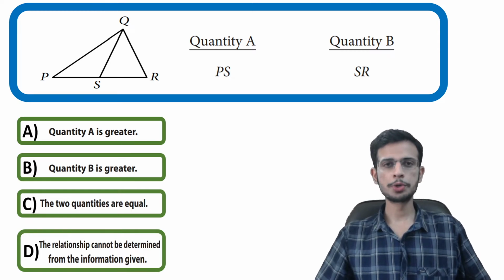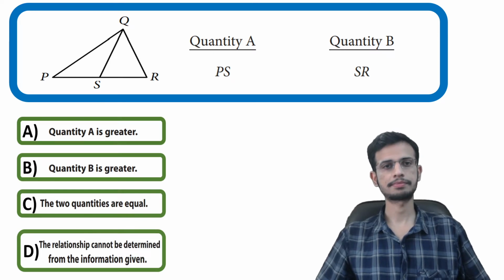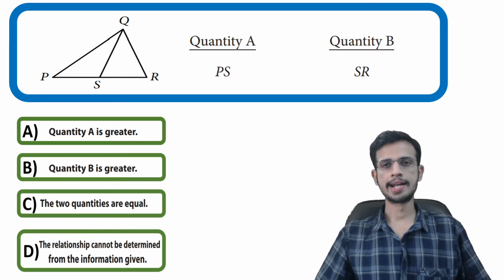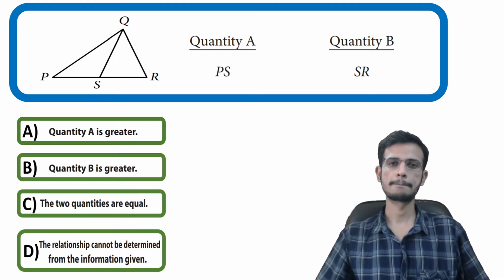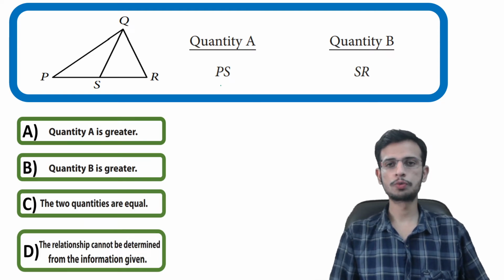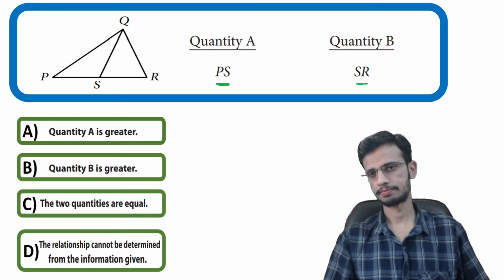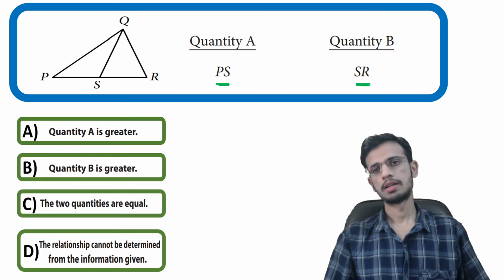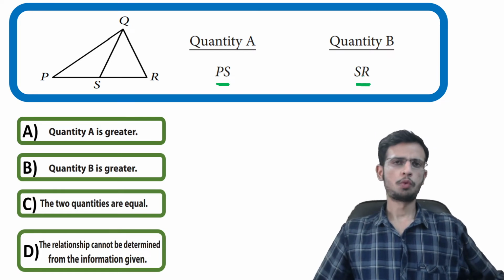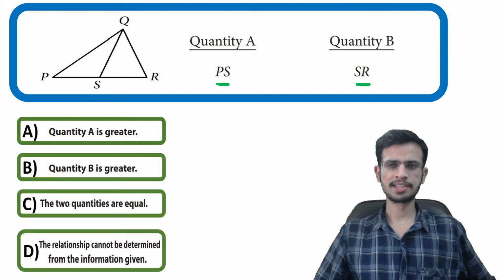One diagram is given to you, and quantity A and quantity B are defined. What is quantity A? That is the length of this PS, right? What is quantity B? That is SR. Length of the PS portion and length of the SR portion.